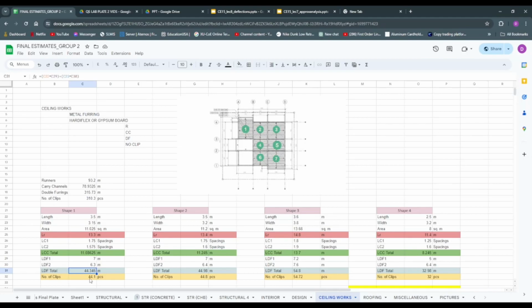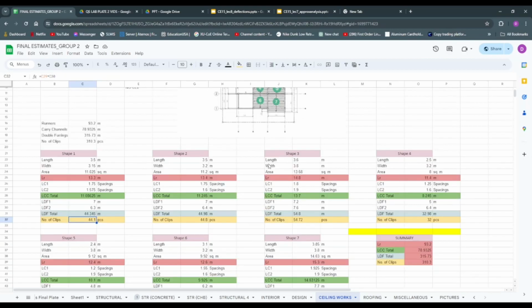To get the number of clips, you just multiply the double furring 1, the vertical, and the double furring horizontal, and that's it. That's how you get the runners, carry channel, double furring, and the number of clips.